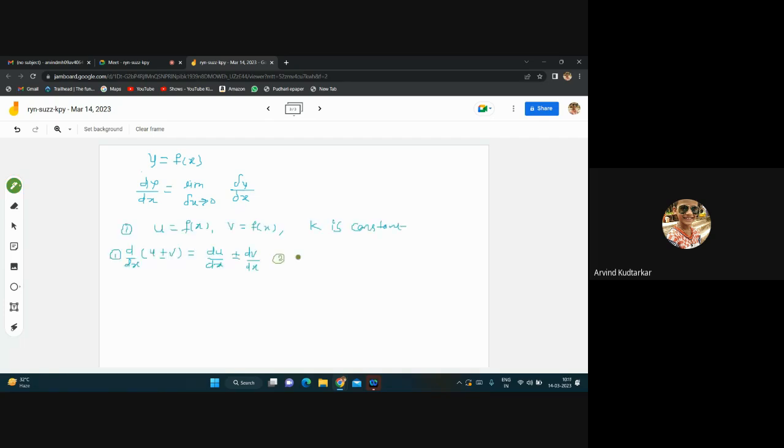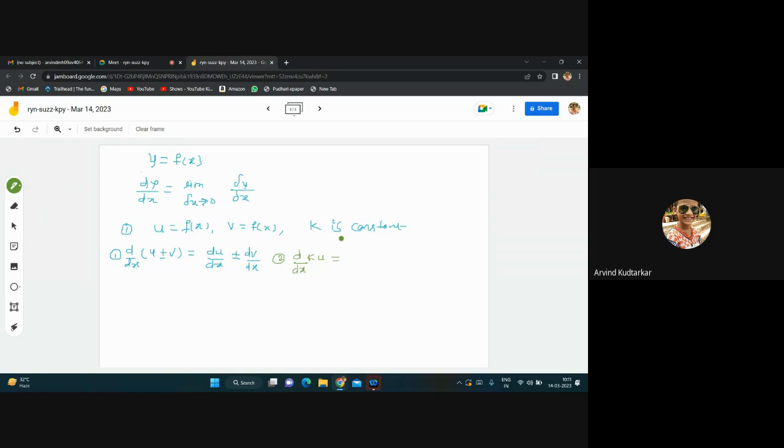Second is d by dx of k into u, where u is a function of x. That is k into du by dx.